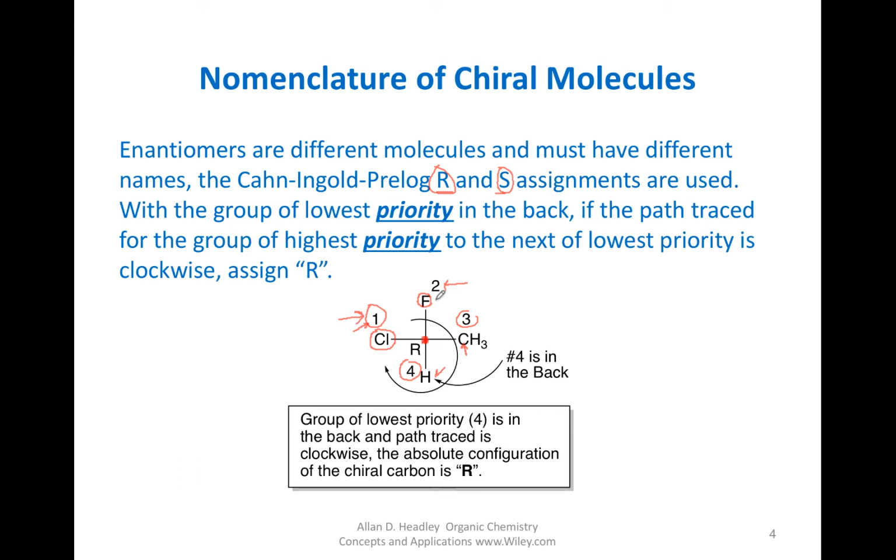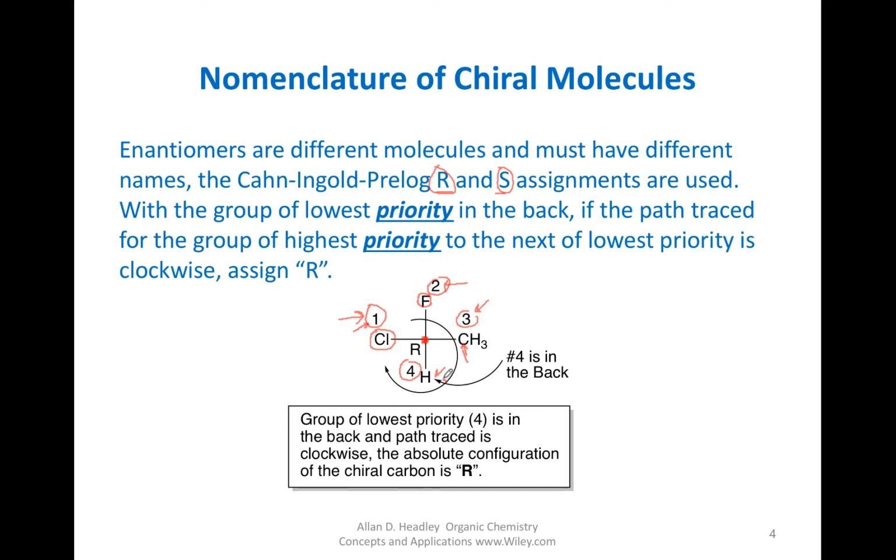Fluorine, which has atomic number 9, gets priority number 2 because it's next in priority in terms of atomic number. Carbon, which has atomic number 6, gets priority number 3. And hydrogen, which has an atomic number of 1, gets the lowest priority, number 4.